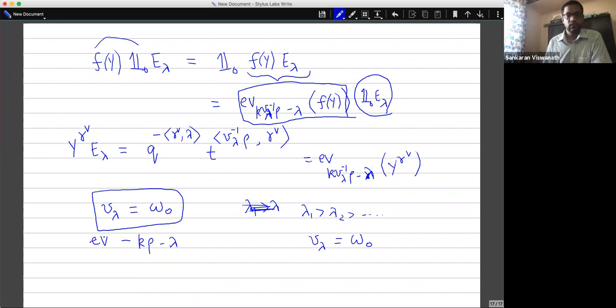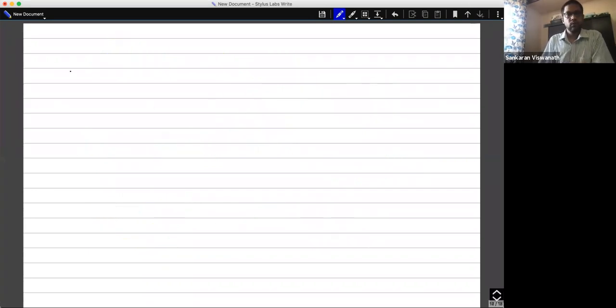So finally the eigenvalues are the following. It's evaluation at minus K rho minus lambda of this polynomial. So this is the eigenvalue.